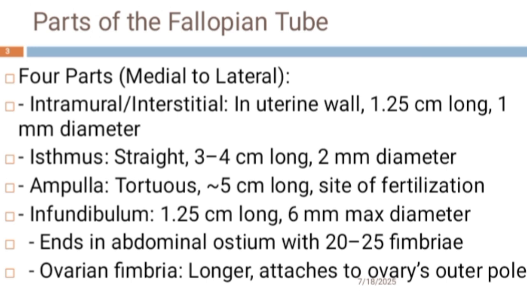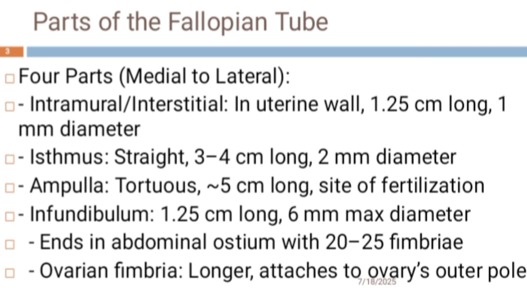Next is the isthmus, an almost straight segment, 3 to 4 centimeters long and 2 millimeters in diameter, critical for gamete transport. Moving laterally, we reach the ampulla, a tortuous part about 5 centimeters long, where fertilization typically occurs. Finally, the infundibulum, a wide, funnel-shaped segment, 1 to 5 centimeters long with a maximum diameter of 6 millimeters.